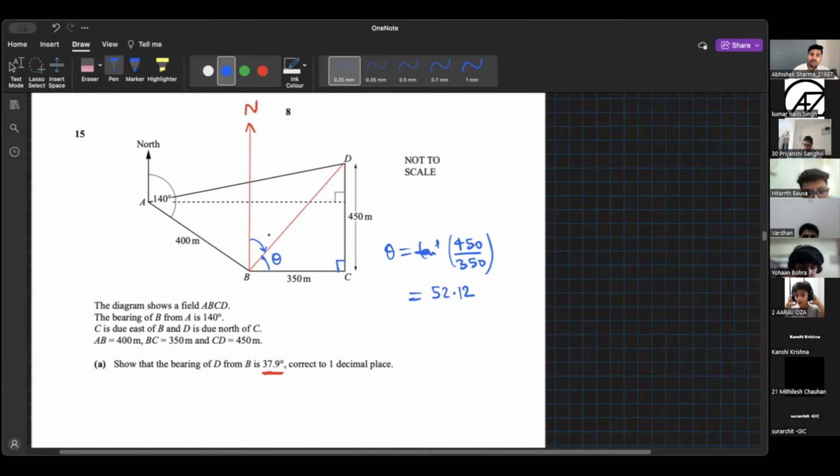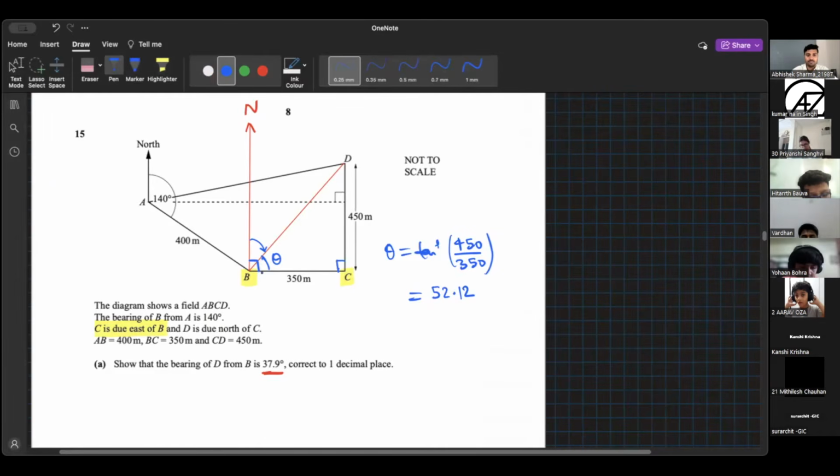But we have to find the other half. So the whole angle is 90 degrees. Why 90? Because there was a clear sentence: C is due east of B. This C is due east of B, exactly 90 degrees on the right.